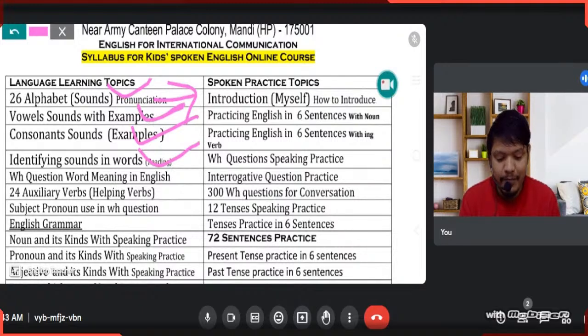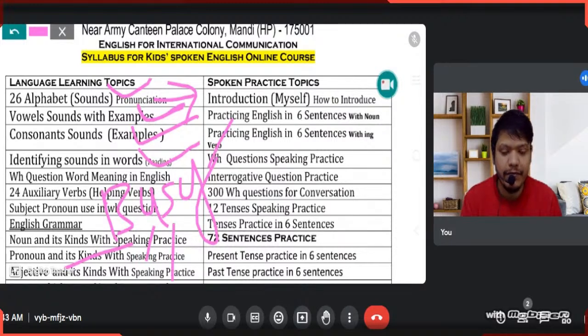For example, take the word BUSY. B here is a consonant, U is a vowel, S is a consonant, and Y is also a consonant. Sometimes Y is also used as a semi vowel.